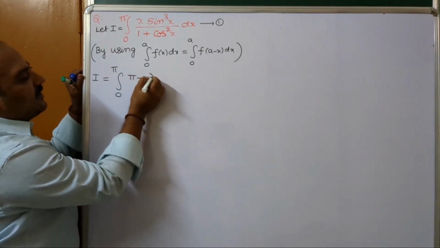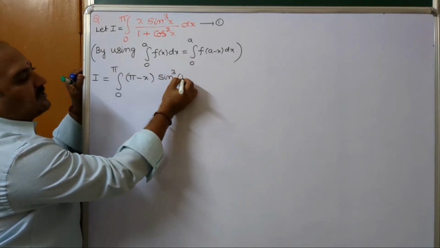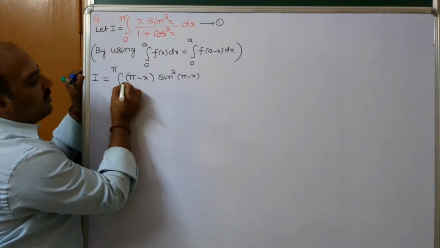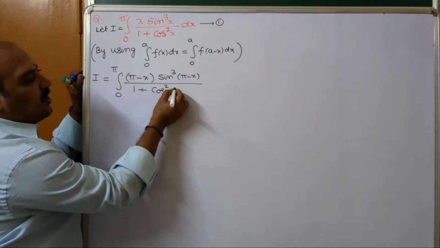Pi minus x into sine cube of pi minus x whole divided by 1 plus cos square of pi minus x.